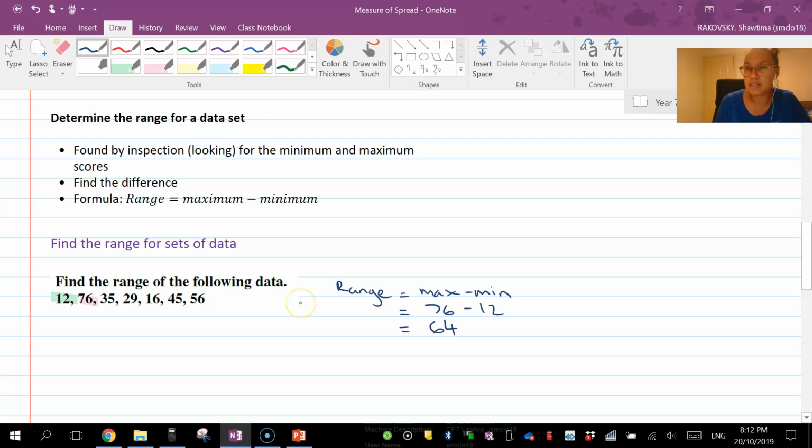Now, just as a point of understanding of what a range is, if you have data that is really spread out, say a really good example is the heights of people. So I'm not just talking about students at high school, I'm talking about everyone. What we have generally is that if this is heights, this being 0 and this being somewhere up near 3 meters, so that'd be 1, 2.